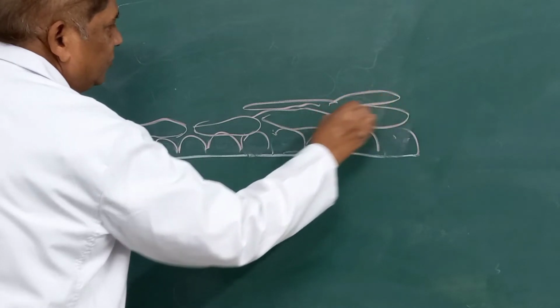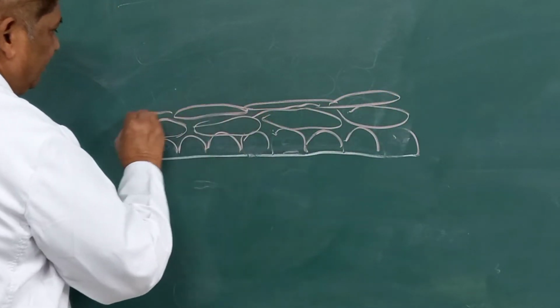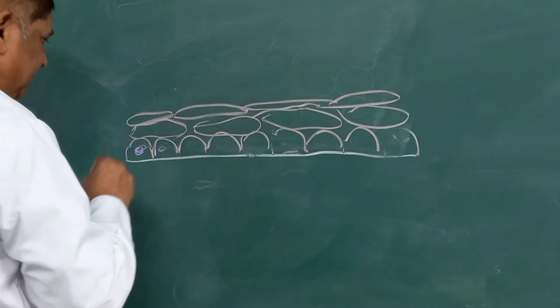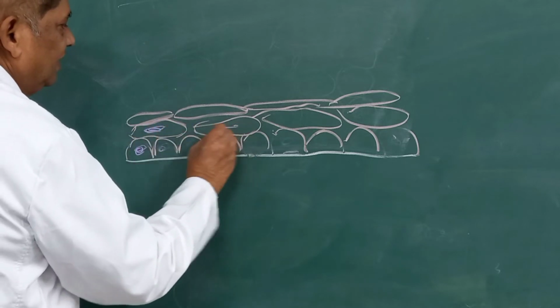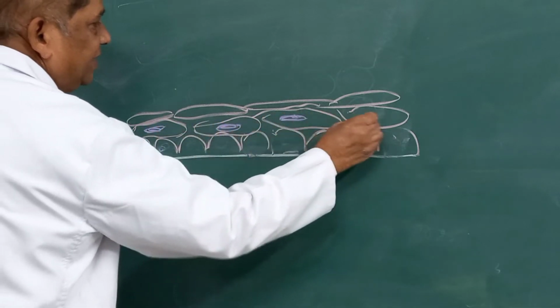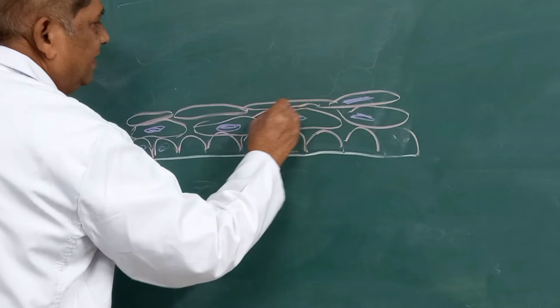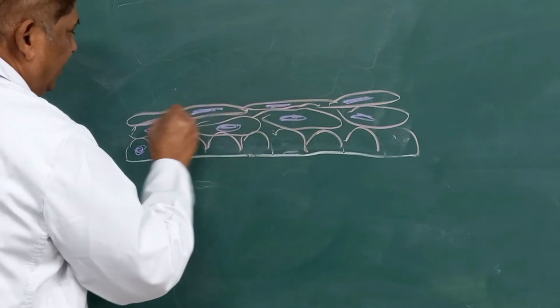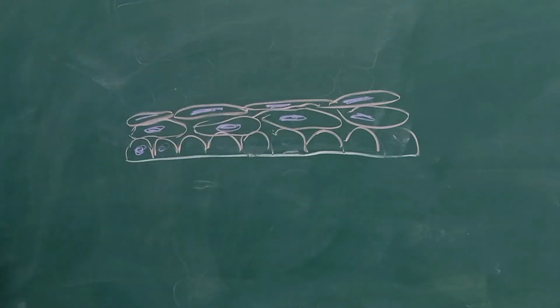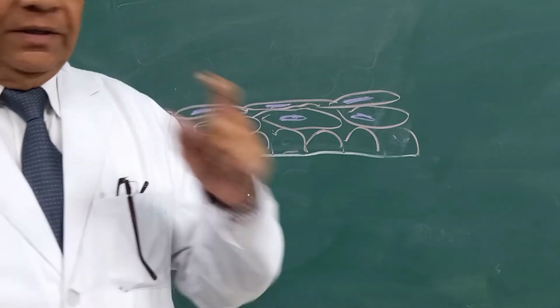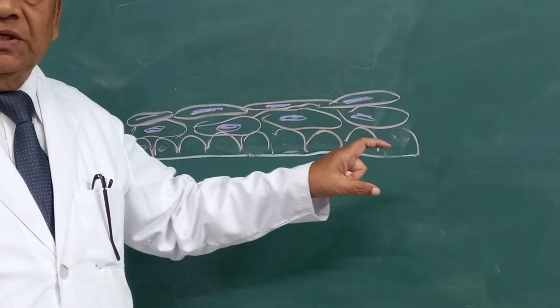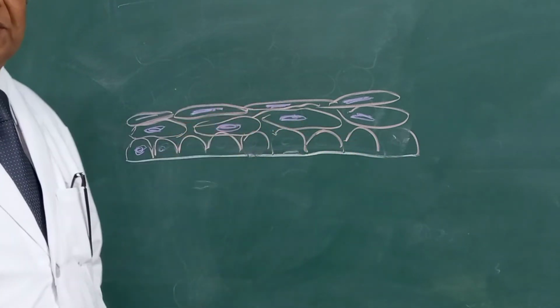Okay, the uppermost cells will become much flatter, and because of this stretching, their nucleus will also get stretched when the bladder is distended. Okay, so this will be the structure of the transitional epithelium when the bladder is stretched.